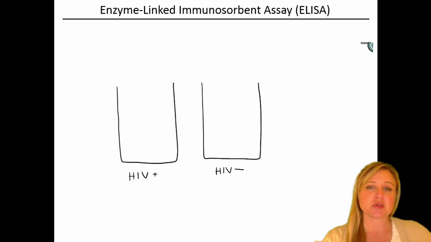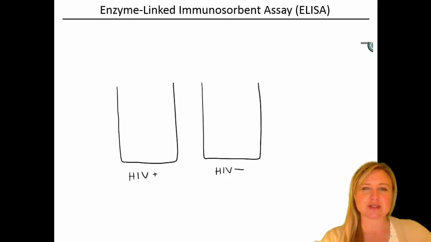Now remember, I told you that the first thing that goes into the ELISA plate is actually going to stick to the plastic of the ELISA plate because the ELISA plate has been treated, it's charged. So in the ELISA test, if we're going to look for patient antibodies, whatever those patient antibodies are going to bind to, that's what we're going to coat the wells with first. Okay, so in this case, we're going to look for antibodies that recognize HIV.